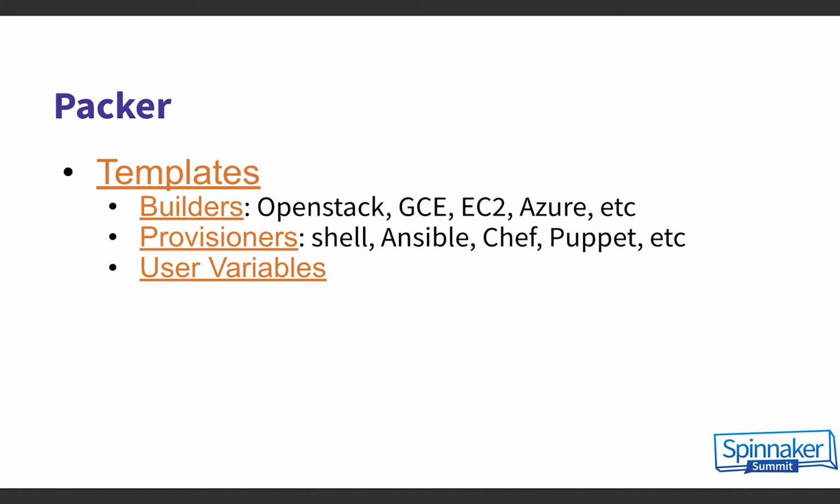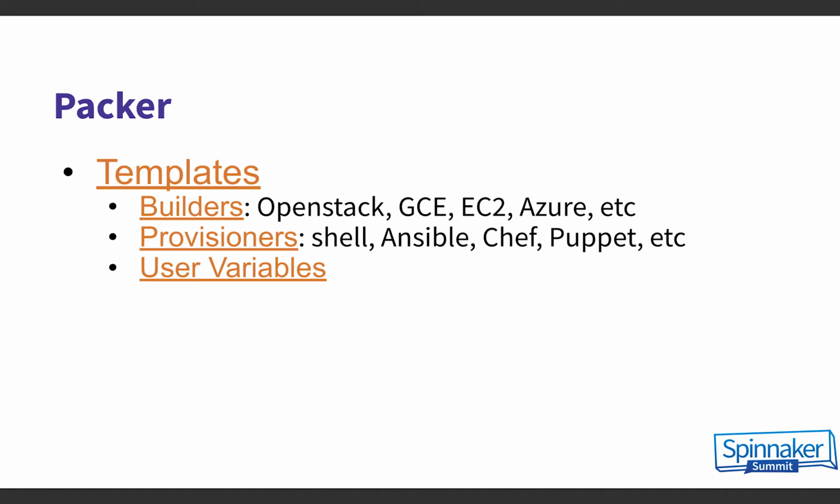So let's start with the builders. The builder is what kind of platform to use to generate those images for. It supports about, I think, around 35 now, and the list is growing. For example, we have OpenStack, GCE, EC2, Azure, etc. And then the provisioner is what is used to actually customize what's going to be in that VM.